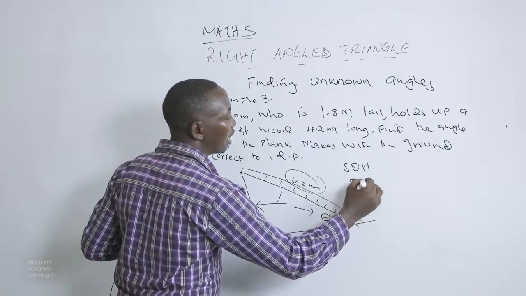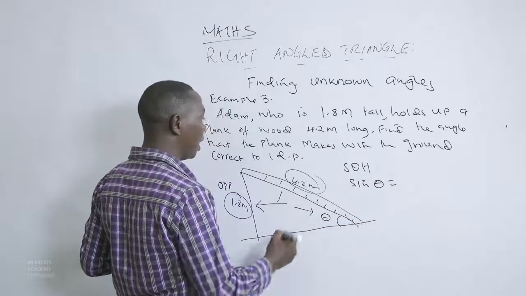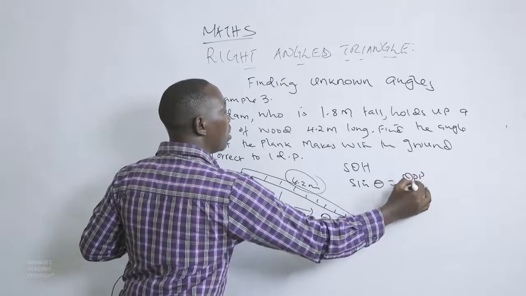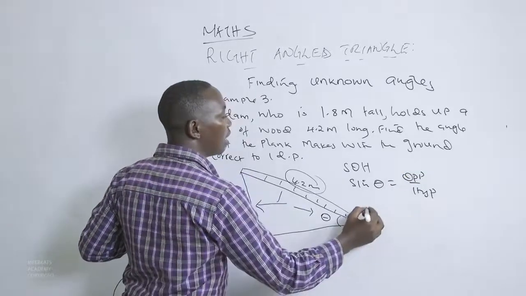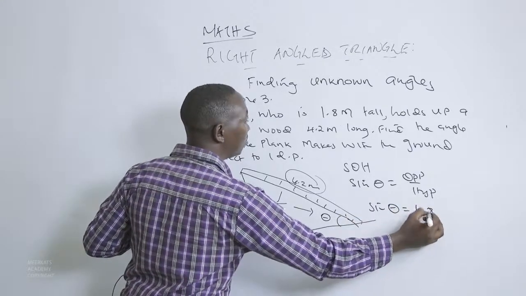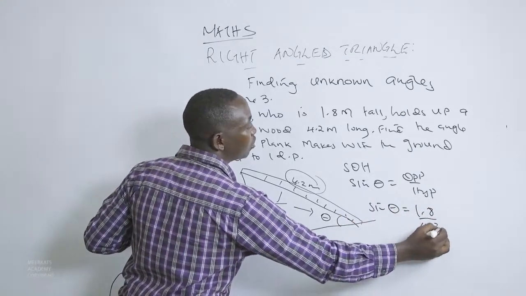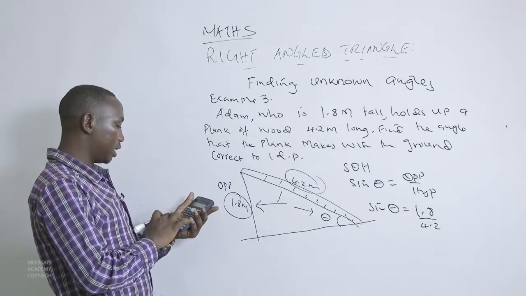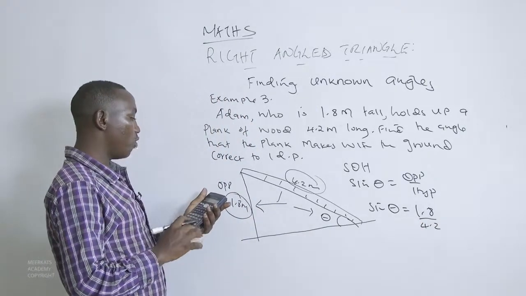That will give us that sine of theta, which we are looking for, is equivalent to the opposite over the hypotenuse. And therefore the sine of theta shall be equal to the opposite, which is 1.8 meters, divided by 4.2 meters.